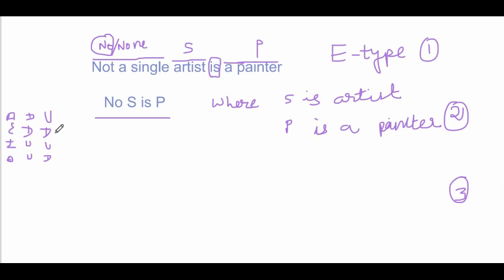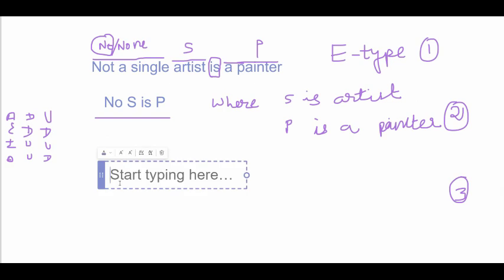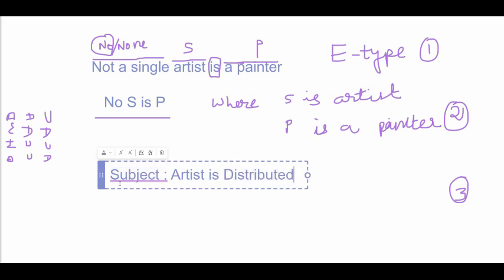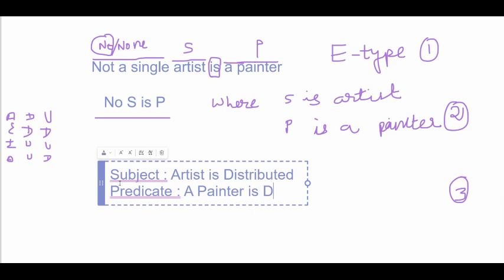E type, both the terms are distributed. So we write subject, that is artist, is distributed. Predicate, a painter, is distributed.